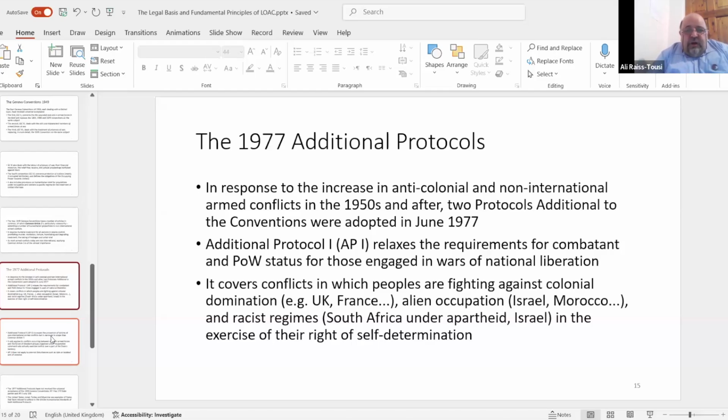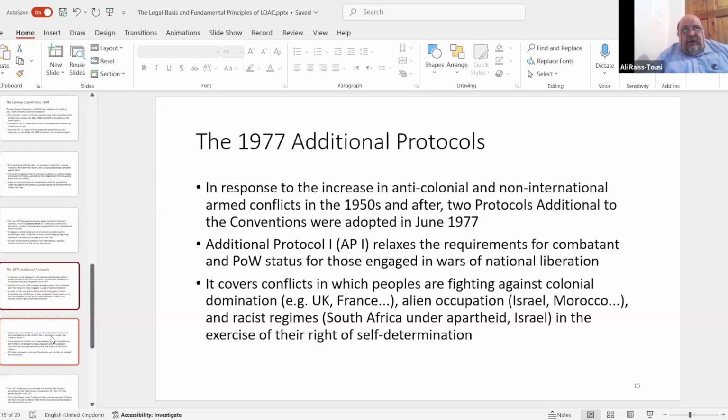Additional protocol number 1 deals in part with people fighting against colonial domination, extends rights to national liberation movements who want to end colonial domination, whether it's British colonialism, French colonialism, Spanish in the Western Sahara, Portuguese, etc., etc. National liberation movements fighting alien occupation, fighting Israeli occupation or Moroccan occupation, or fighting racist regimes.